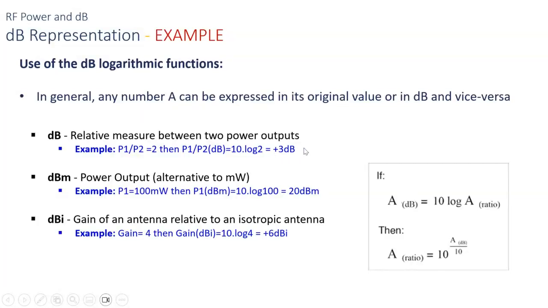And the opposite, when you see the result in dB is 3, this means that P1 equals double P2, or in other words, P1 divided by P2 equals 2. So if the ratio equals 2, then the result in dB is 3 dB. And vice versa.